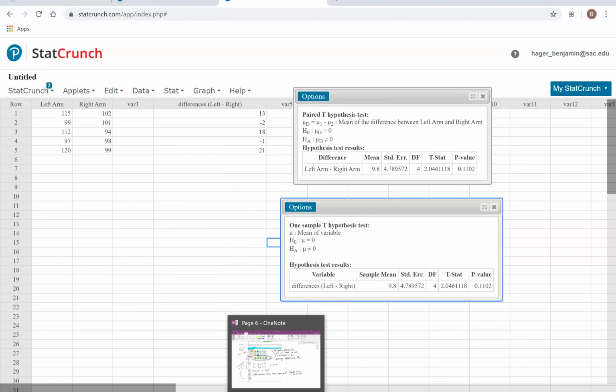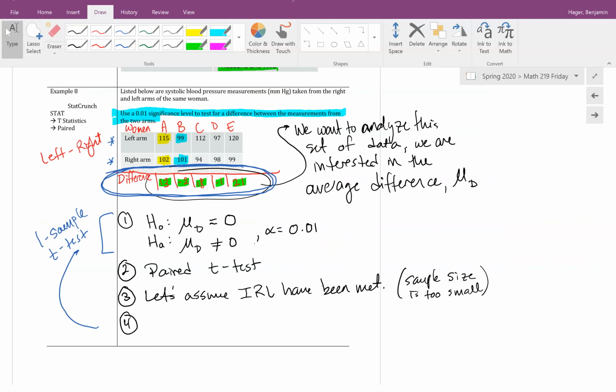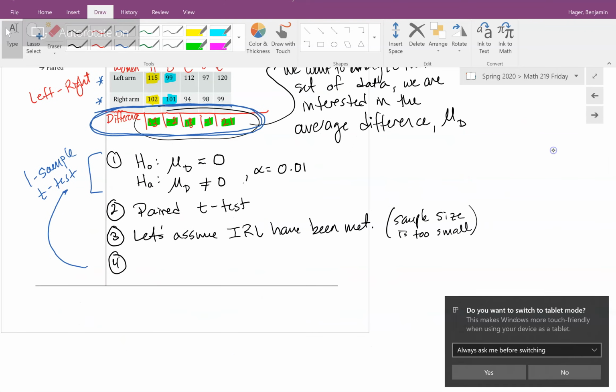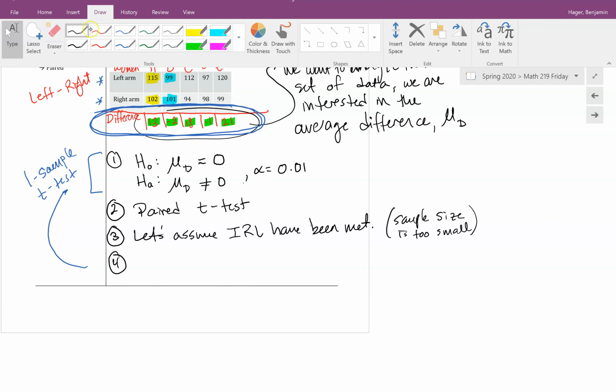So the t-stat is 2.05 and the p-value is 0.11. Let's write that down and finish the problem. I had a test statistic, brought to us by StatCrunch.